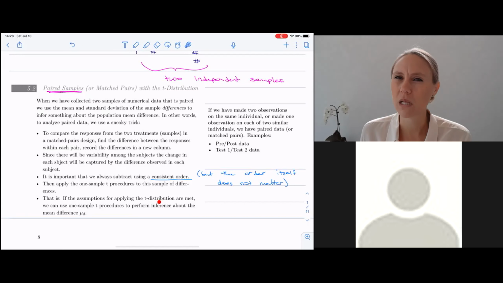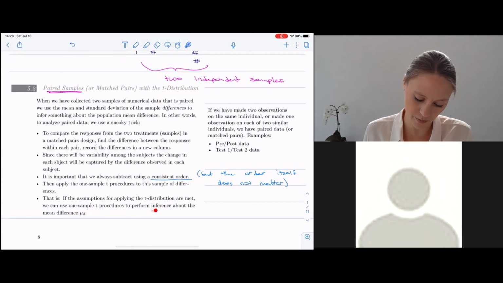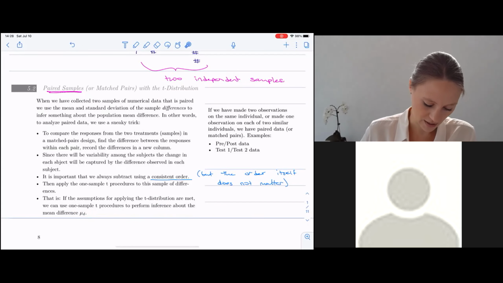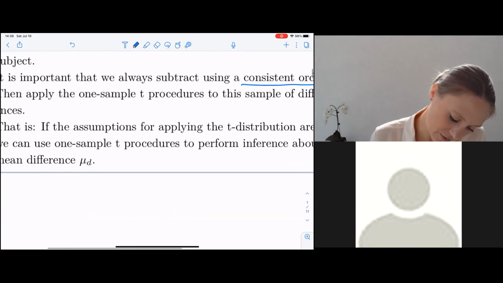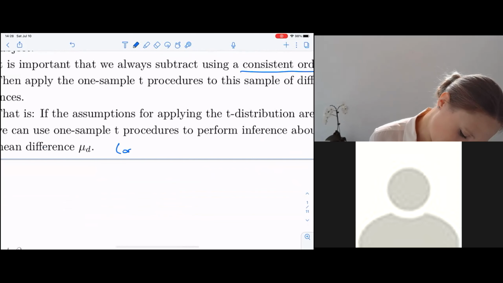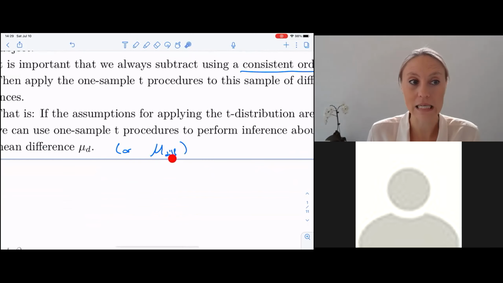And do you have a large enough sample, right? If it follows a normal distribution, then you're okay with a small sample size. So then we can use the one sample t procedures to perform inference about the mean difference, which I denote with a mu subscript d, or sometimes I'll even do mu subscript diff, just to emphasize that it's the mean of the differences, right?